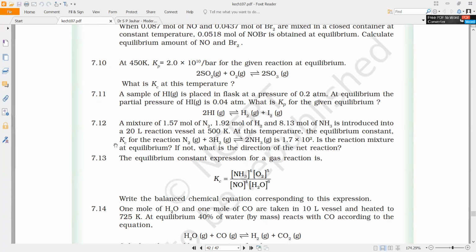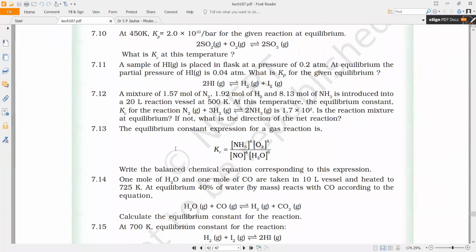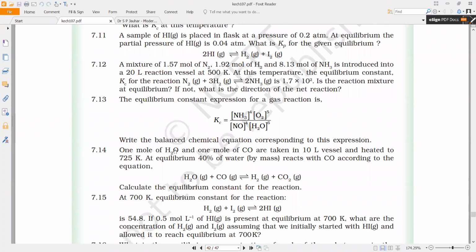I think this question we did now. Sample placed at 0.2 atm at equilibrium. And this is a rather easy question to just calculate the KP. We don't have to calculate the equilibrium concentration. I am looking for equilibrium concentration. Okay, wait a second.